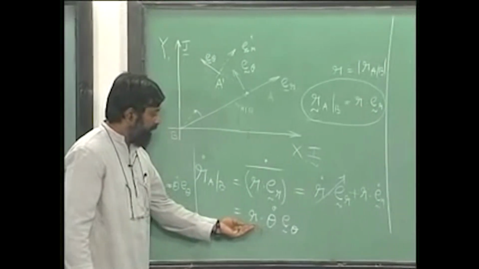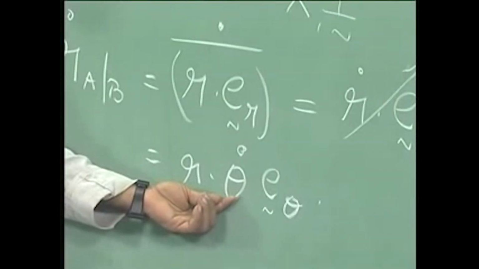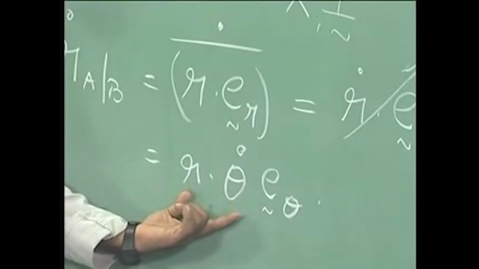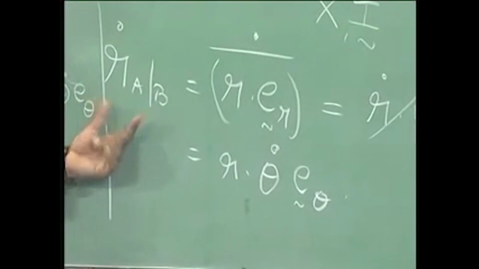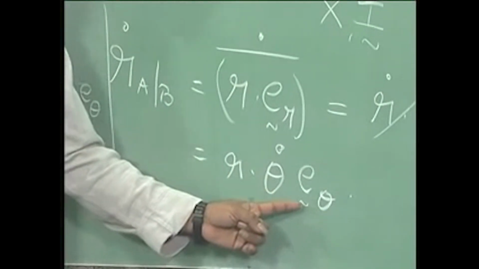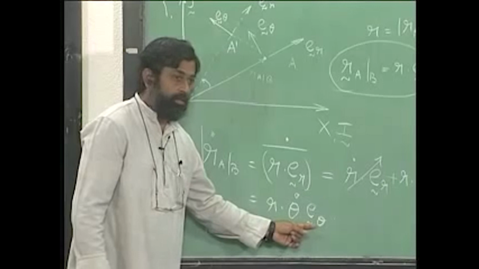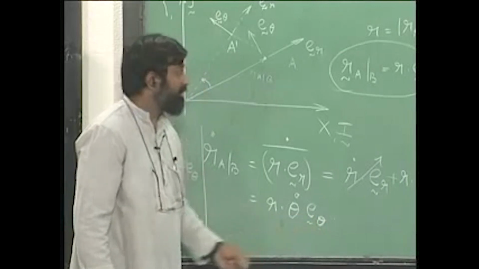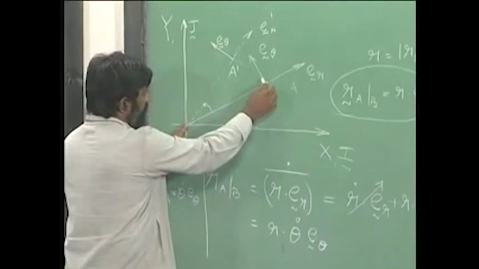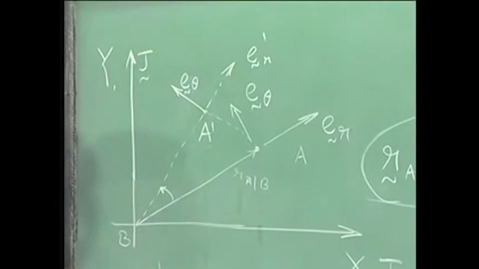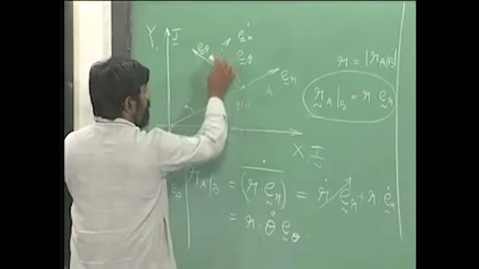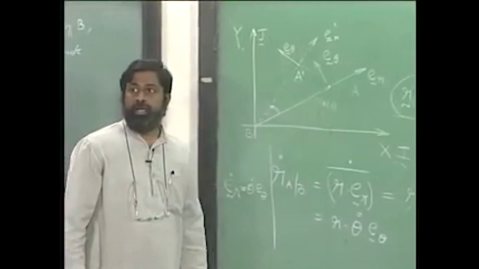Just to get an idea, R times theta dot is the magnitude of the velocity, and the direction is E theta. That is very clear here. This is the direction along which the velocity due to angular motion occurs, and R times theta dot is the magnitude of the velocity.